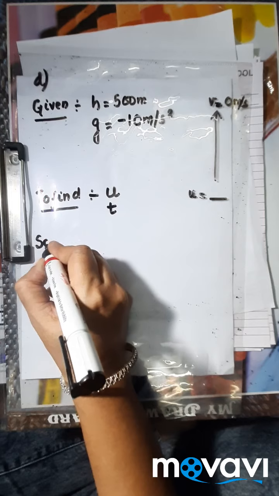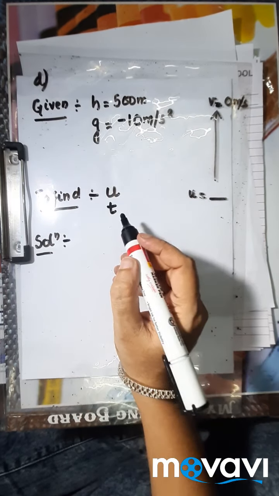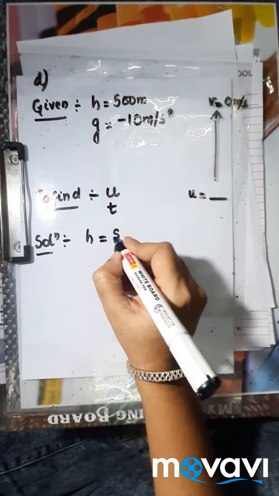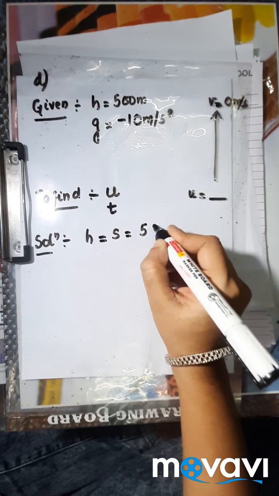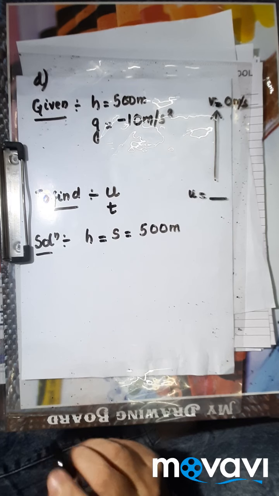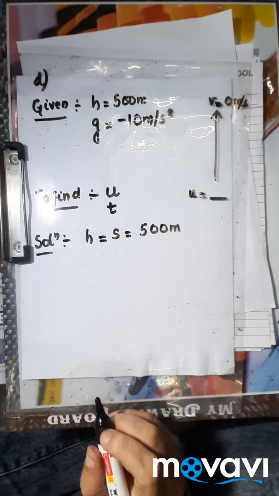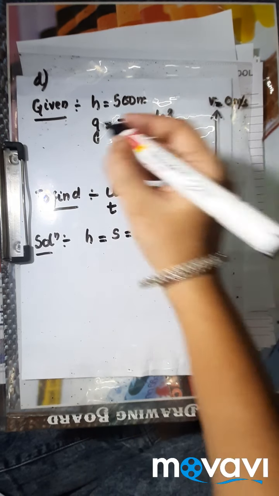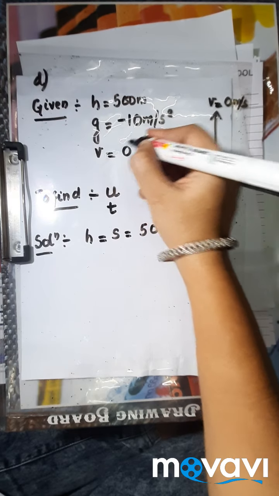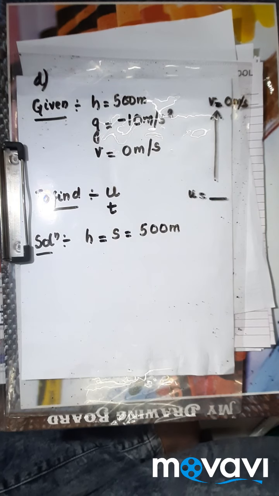So see my solution. Which formula can I use first? I have h means I have s, so h is equal to s is equal to 500 meter. Yes or no? Now finally, what is important is that v is equal to 0 meter per second.